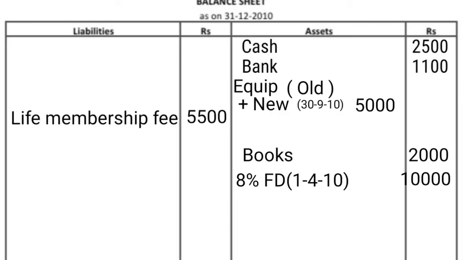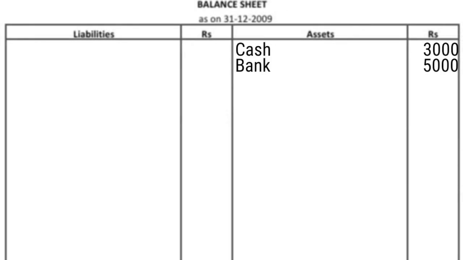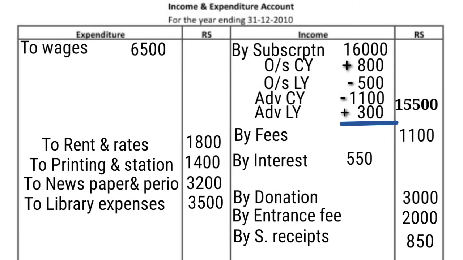In this current year balance sheet we will write on the asset side outstanding subscription rupees 800 and in the previous year balance sheet outstanding subscription rupees 500. Outstanding income is an asset. Then advance income is a liability. So this advance we will show on the liability side of the balance sheet, right?